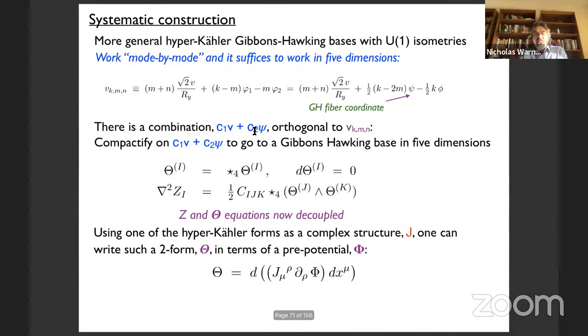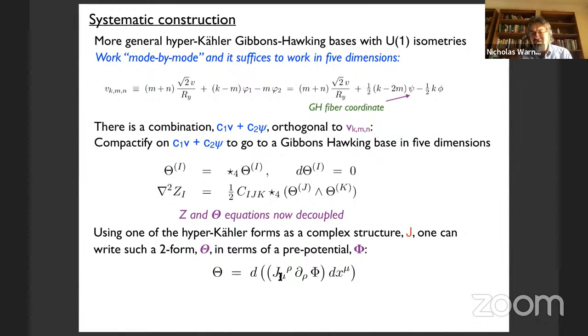So now the problem becomes 5-dimensional, and you want to solve for self-dual, well, harmonic forms on the space. It's a relatively straightforward thing that just follows from what is well known about Calabi-Yau geometries, that you can pick one of the hyperkähler forms as a complex structure, and then those two-forms have a prepotential.